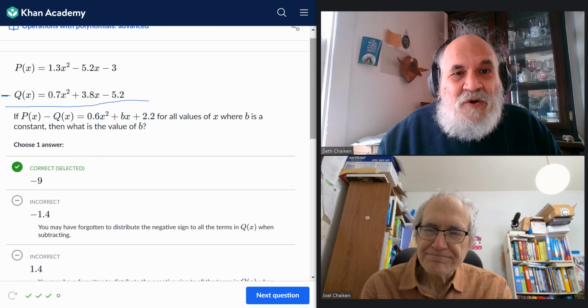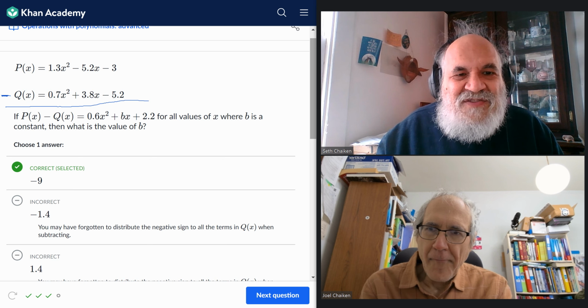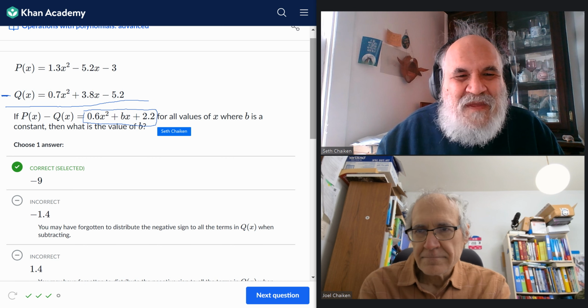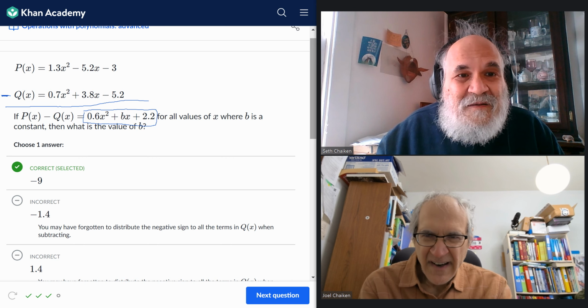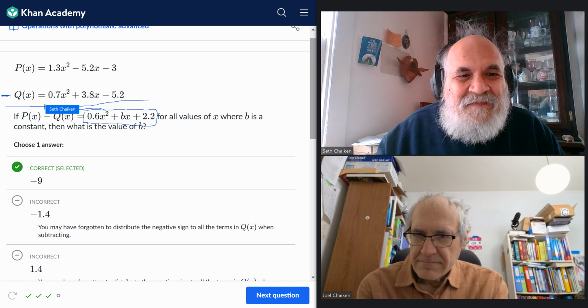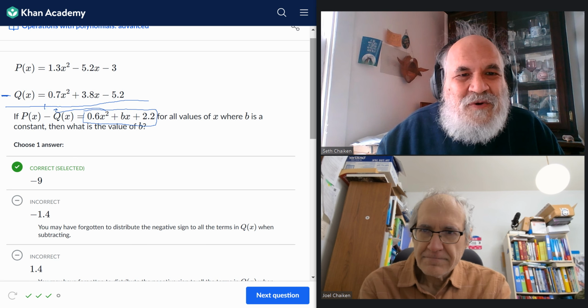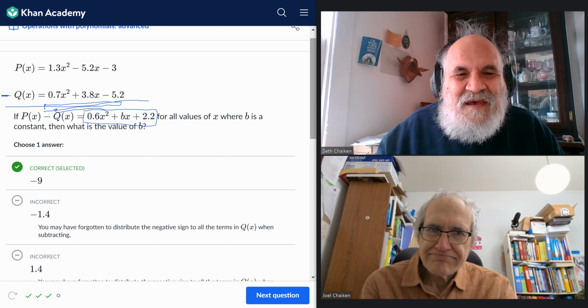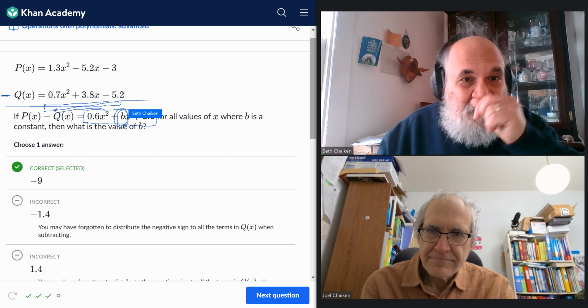And now, use your eyes to think that what you want is for this polynomial to be the polynomial that you get when you do the subtraction. And the only unknown for this problem is b.